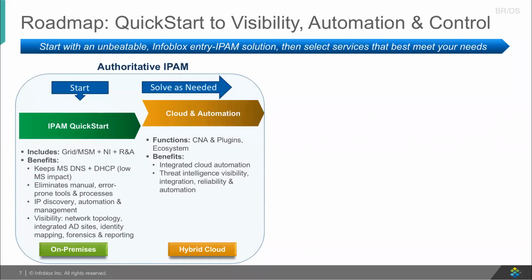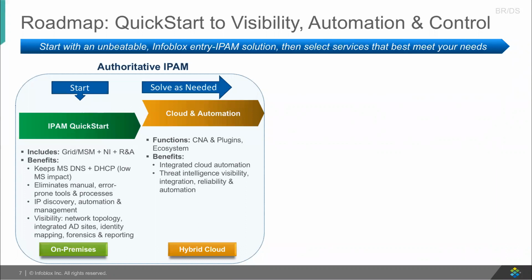So what we're talking about here is this is really the foundation of the Infoblox suite, right? And you may stop at this foundation or you can grow it over time, right? Because we can add services to it later. But what we're focusing on today is what's in this box, authoritative IPAM. And it can include one or both of these things, or you can even pick and choose which components you want. With IPAM QuickStart, the focus is we're giving you IPAM, right?